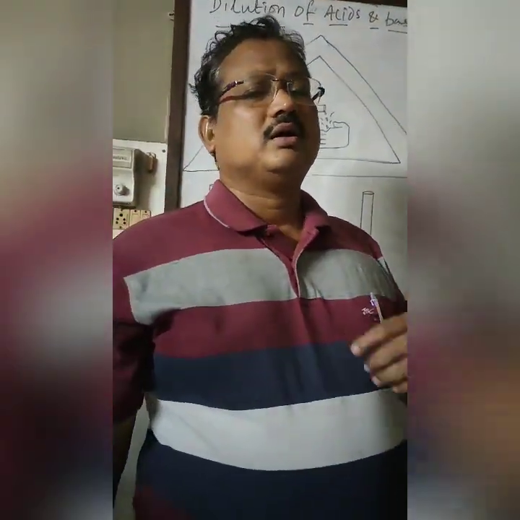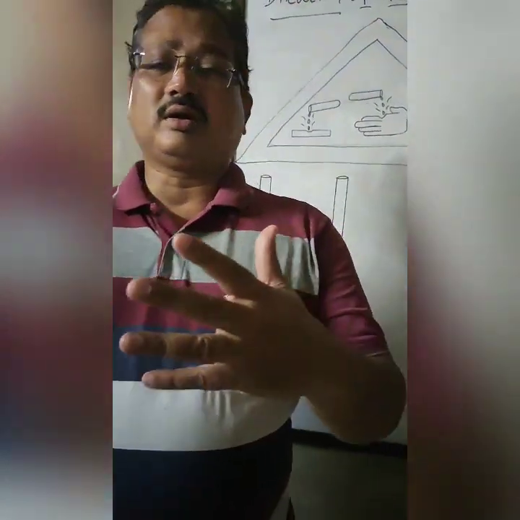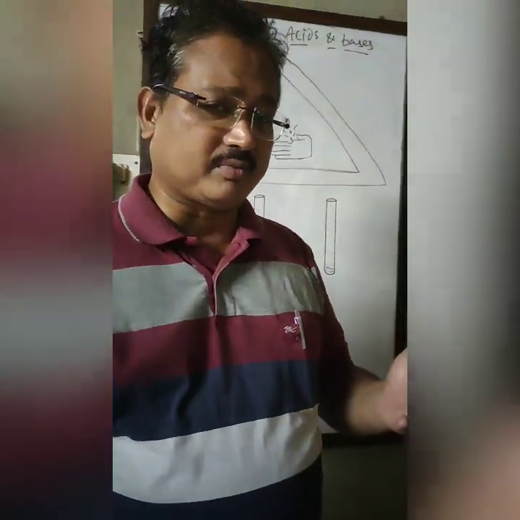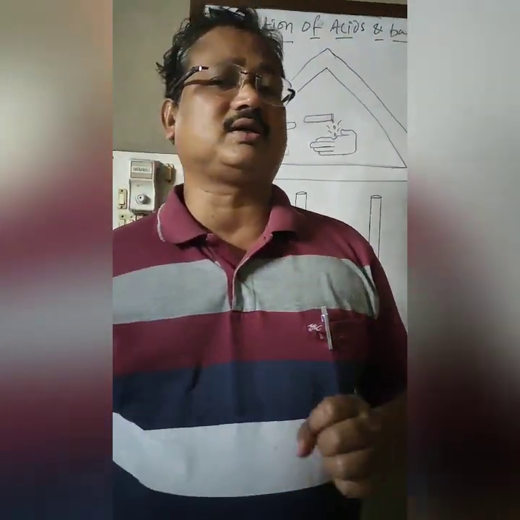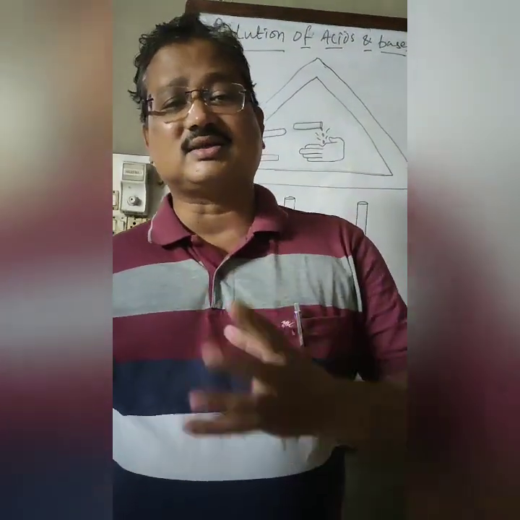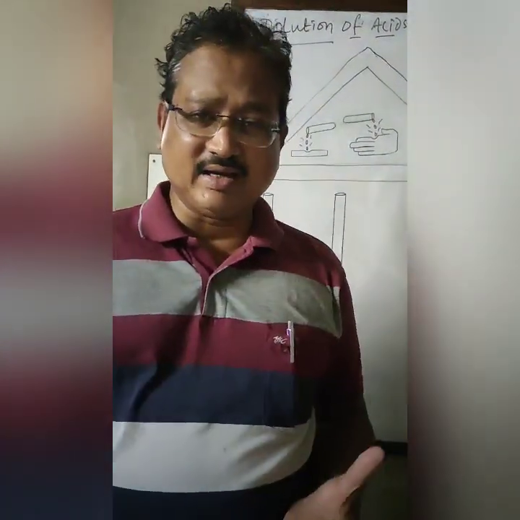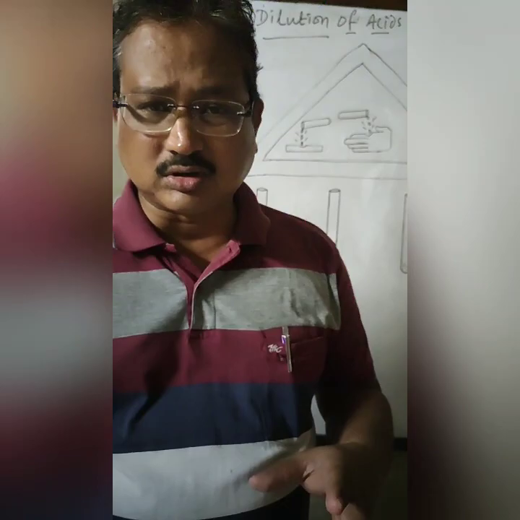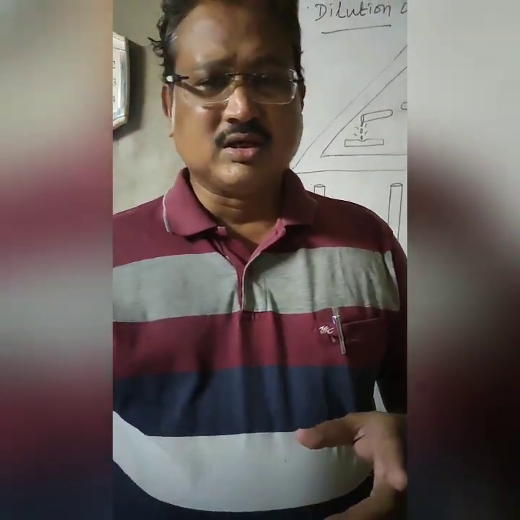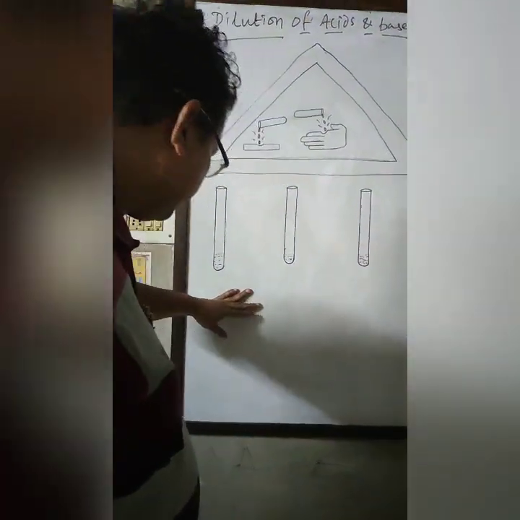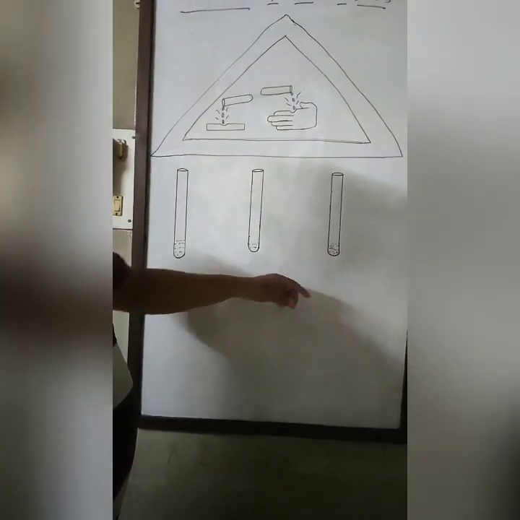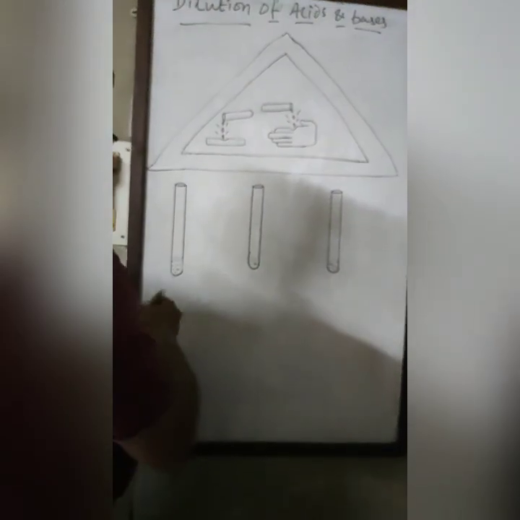Now about the H plus ion, which we talked about in the last video, the concentration of H plus ion. On diluting the acid further by adding water, what happens to the concentration of H plus ion? For that I have taken here 3 test tubes. You see, in the first test tube I have taken 5 ml of dilute HCl.